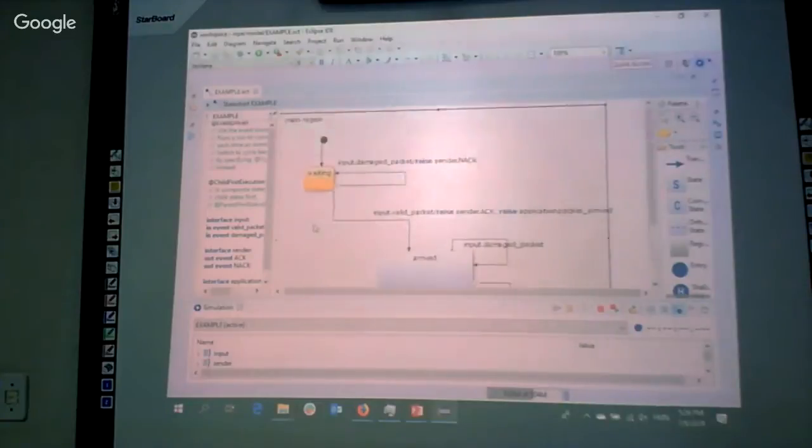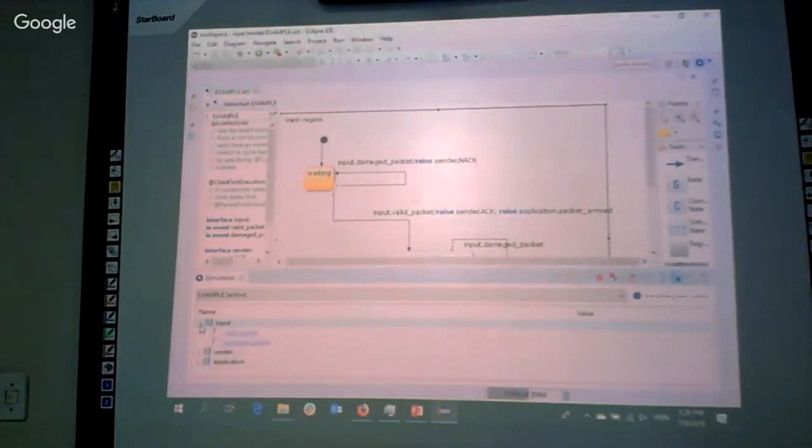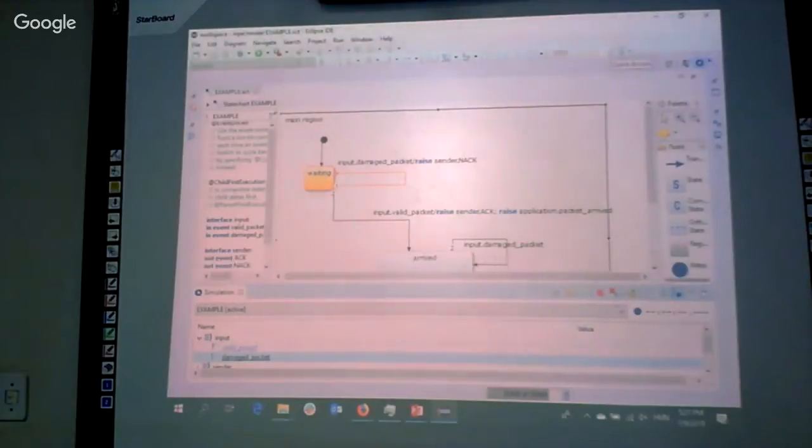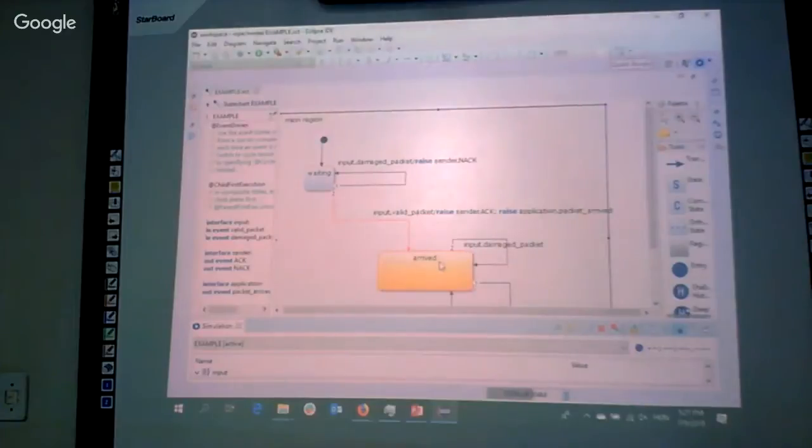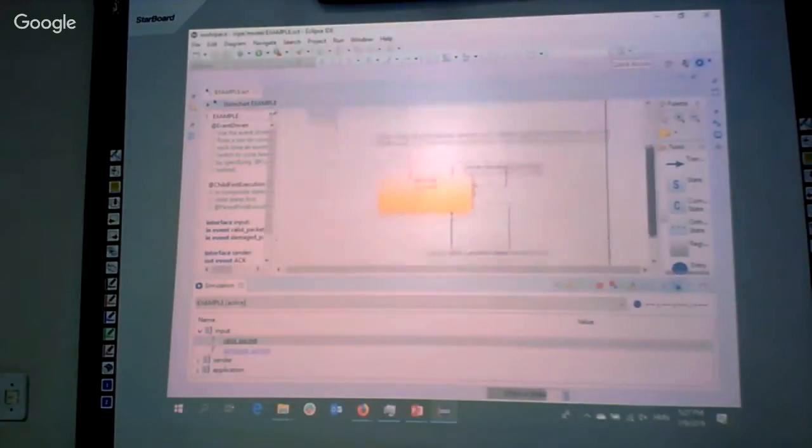So we are at the beginning in the waiting state, and if we send a damaged packet, then we will just stay here, as long as there is no valid packet. And then we can send the valid packet, and we go to the arrived state, where we can still have different packets.